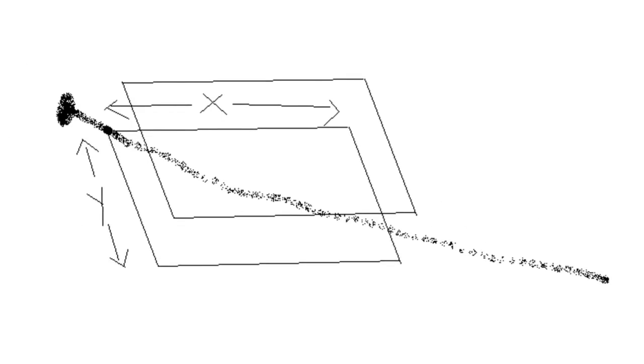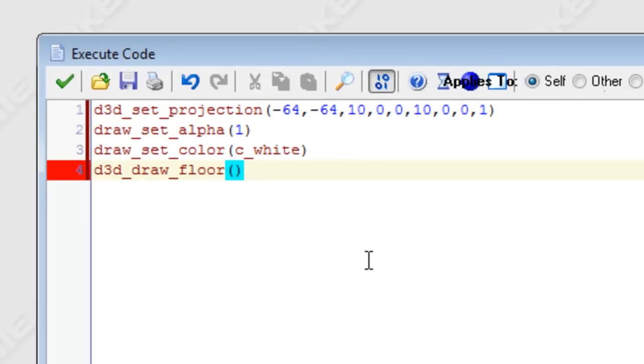So we're going to set it from 0, 0 to 640, 480. But we're going to have 0 z on both ends because we want it to be flat. So x1, 0, y1, 0, and then z1, 0. x2 will be 640, y2 is 480, and z2 is still 0.